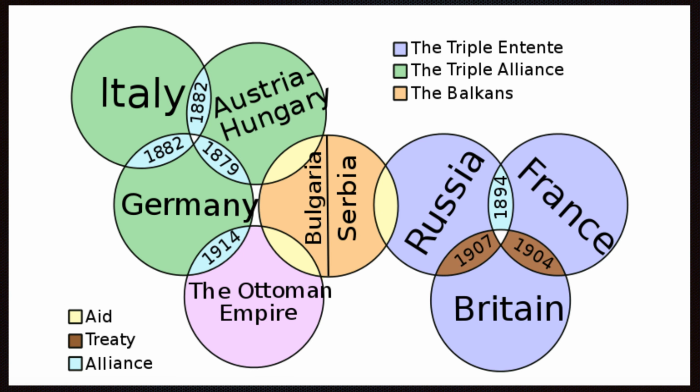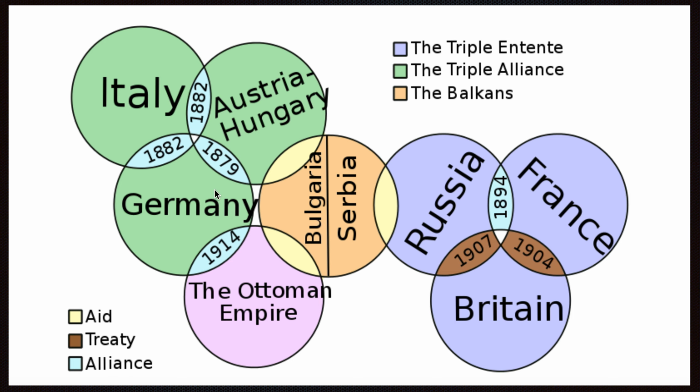And here is an image that is often shown to illustrate the point of these alliances. So we have Serbia and Bulgaria in the middle here, and this is the Balkans, and this is where everything is going to start. And Austria-Hungary doesn't want to let go of the Serbs, so they're going to declare war on Serbia.